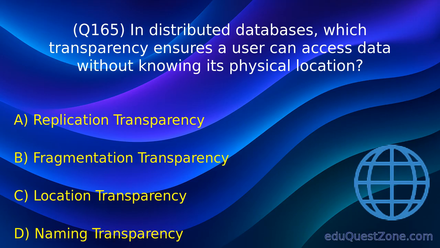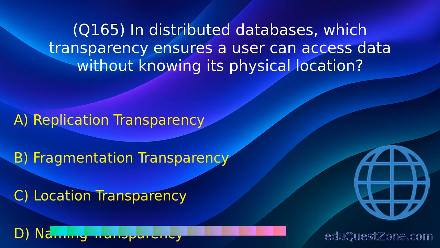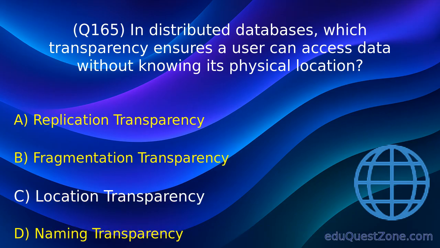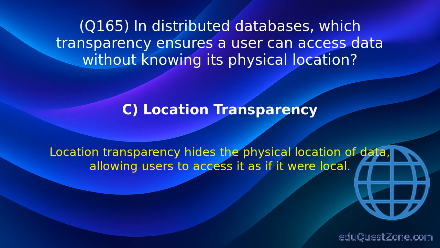Question number 165. In distributed databases, which transparency ensures a user can access data without knowing its physical location? Option C. Location transparency. Location transparency means users can access data without knowing where it resides.